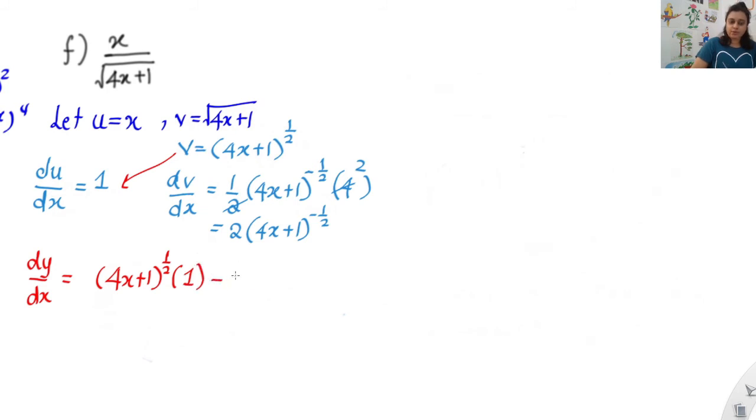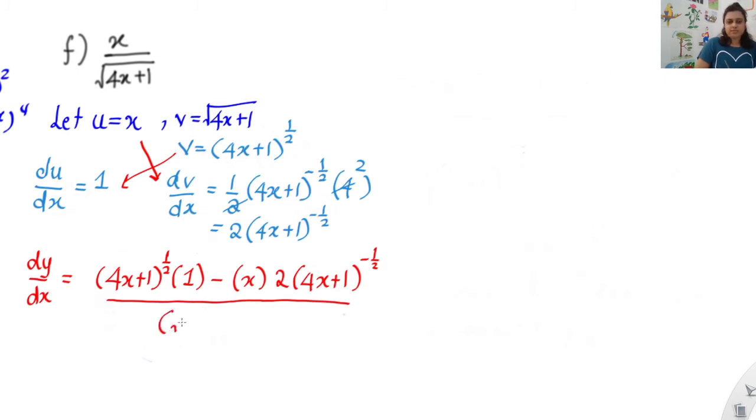Minus, write your u first, which is x, multiplied with dv dx, which is 2(4x plus 1) to the power of negative 1 over 2. Divide the whole thing by v squared. For v, I'm going to write (4x plus 1) to the power of 1 over 2, squared. Square the whole thing. Done.